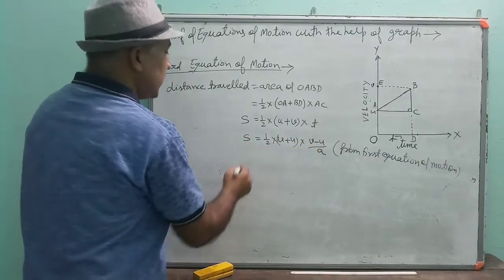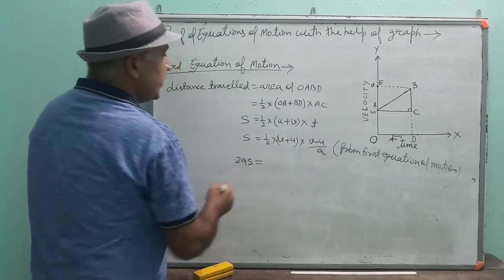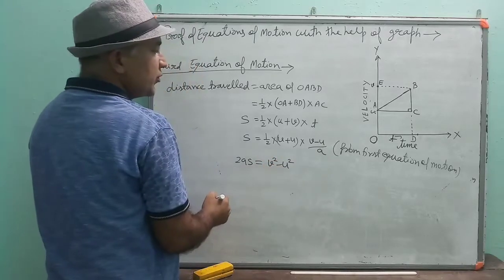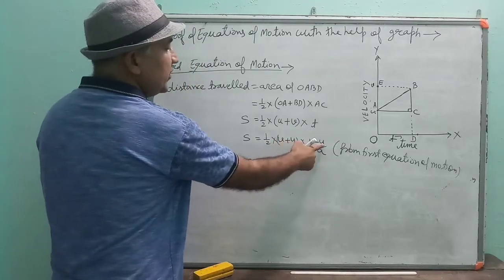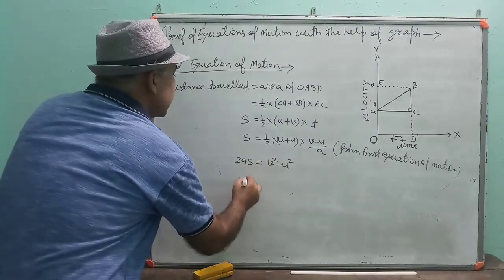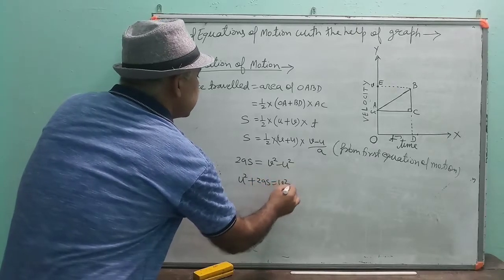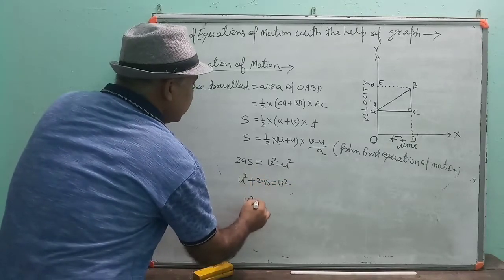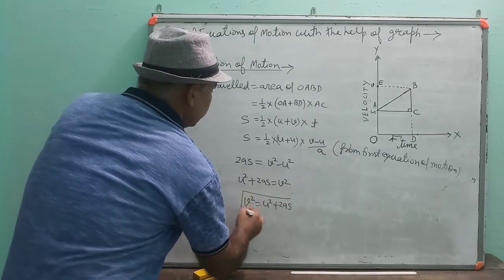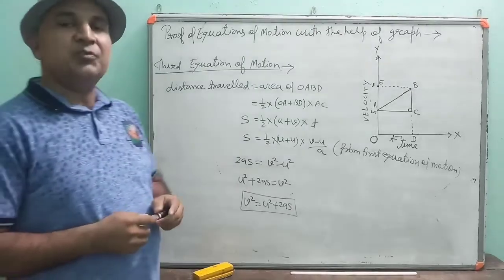Now solve and get your answer. a and 2 are cross multiplied here. 2as is equal to v square minus u square. v plus u into v minus u is equal to v square minus u square. Now u square is transferred this side. u square plus 2as is equal to v square, and this is your third equation of motion. Understood?